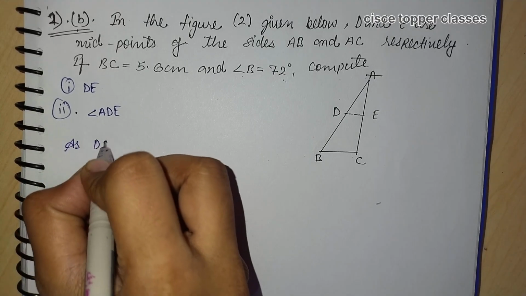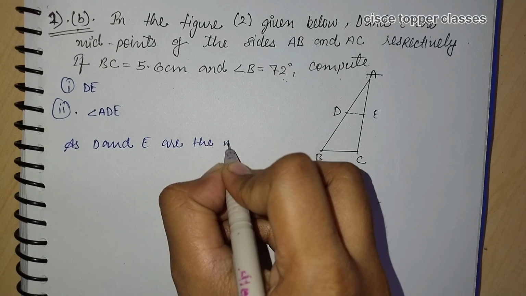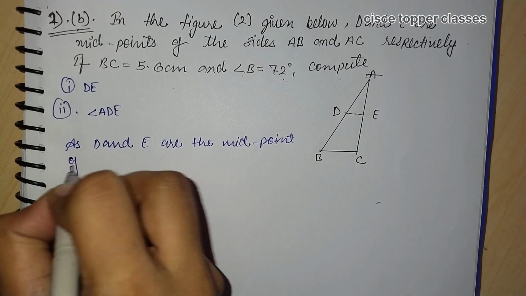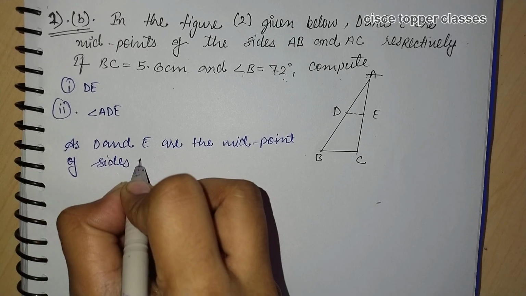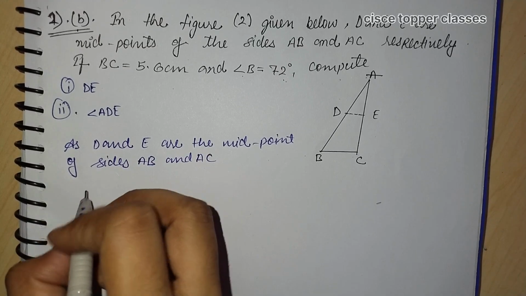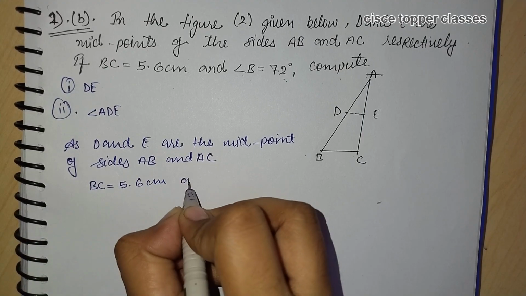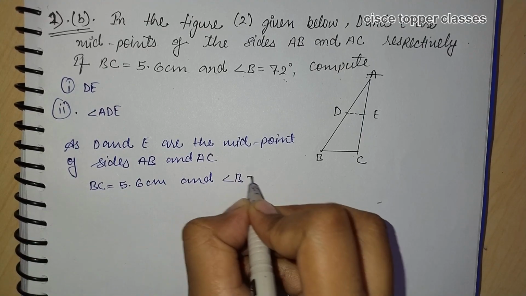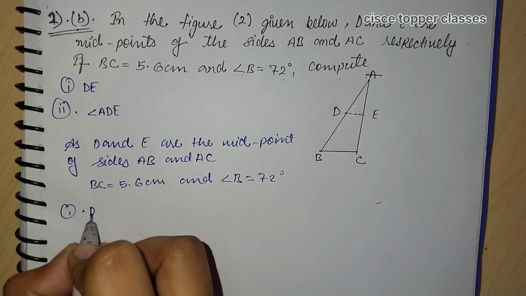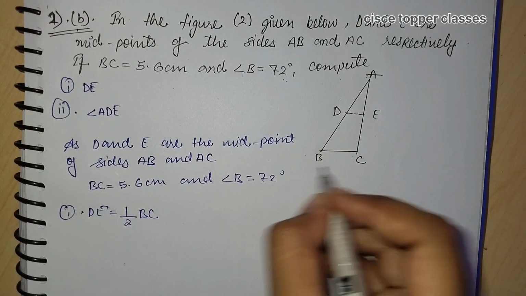D and E are the midpoints of sides AB and AC. BC is 5.6 centimeter and angle B is equal to 72 degree. So we can write the first part as DE, which will be half of BC by the theorem, since DE and BC are parallel.